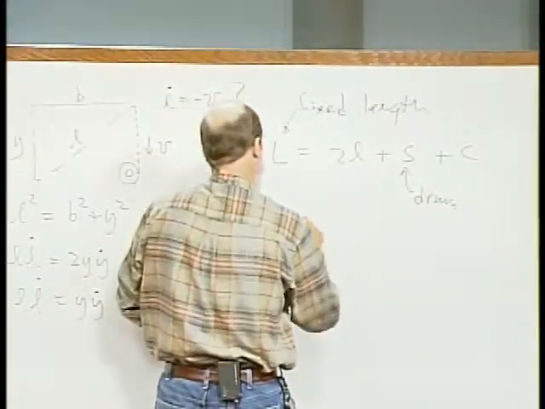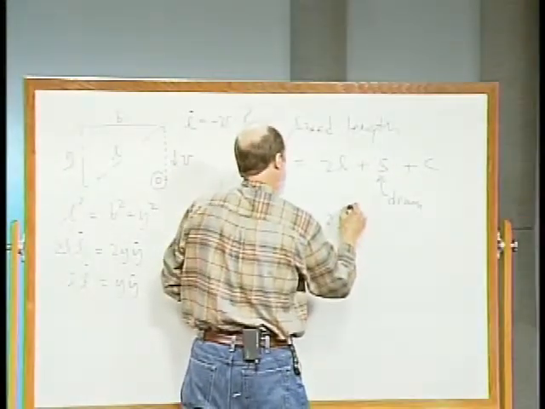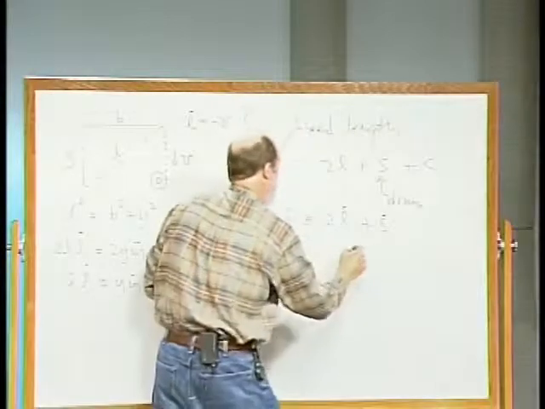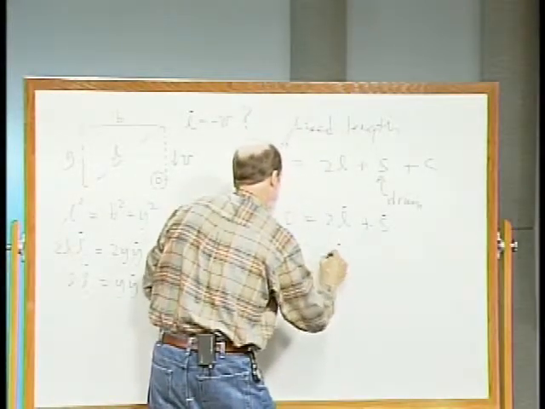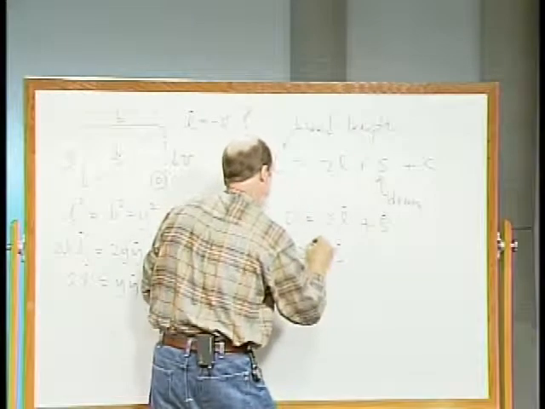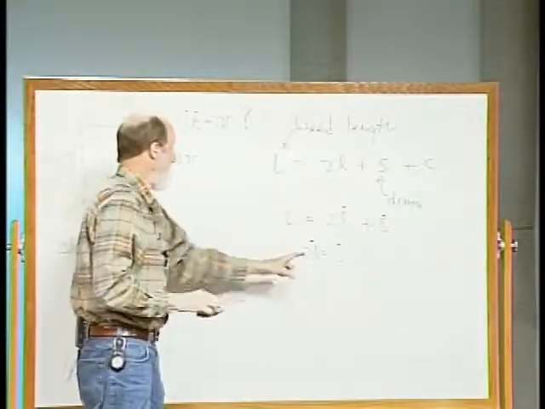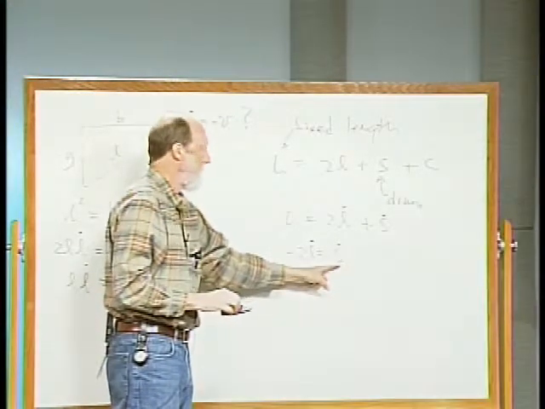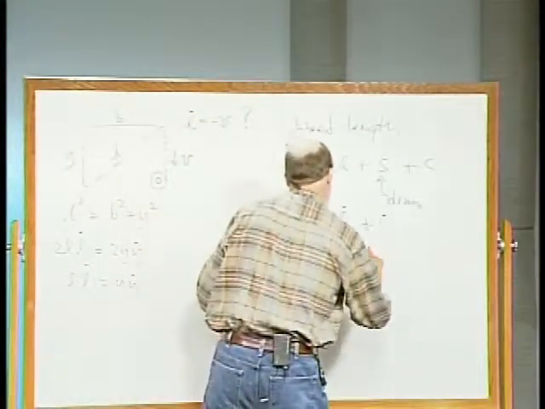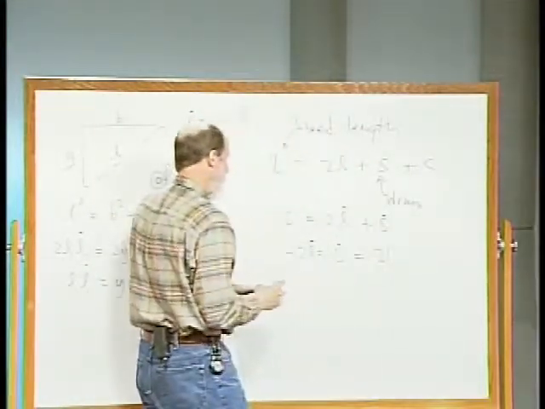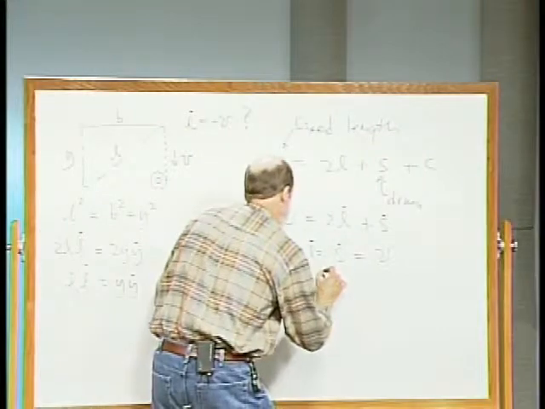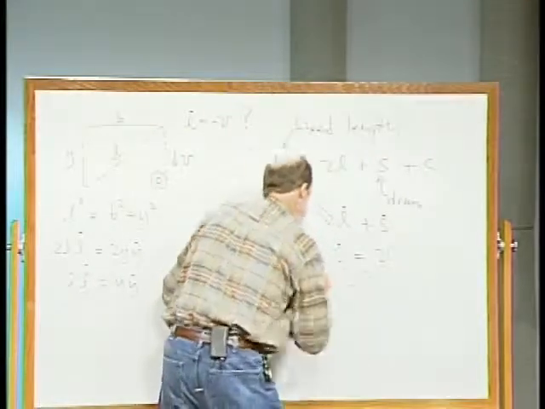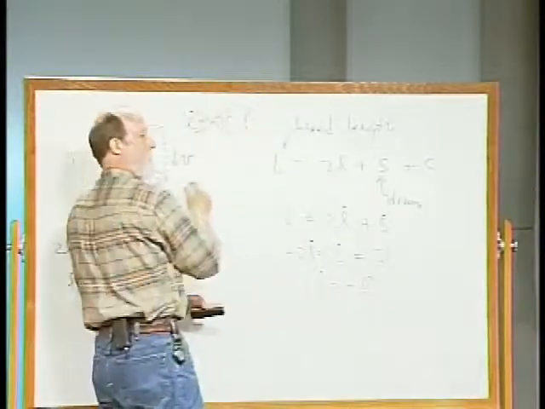Differentiating that, we get S dot equals minus 2L dot. S dot is V. That's equal to V. So L dot is equal to negative V over 2. Not that.